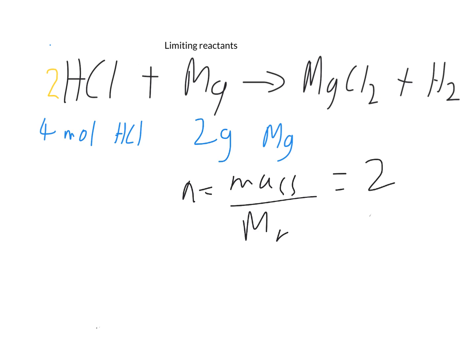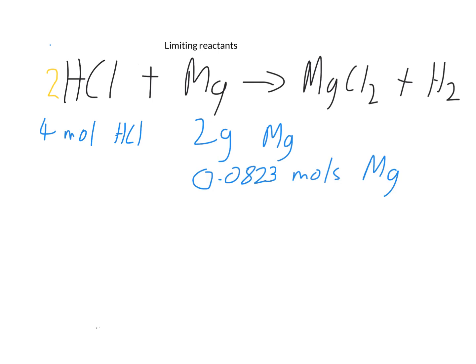Mass in this case is 2, and molar mass of magnesium is 24.305. This should give us roughly about 0.0822. Now write as many decimal places as you can during the problem, but I've run out of space, so I'm just going to leave it at that.